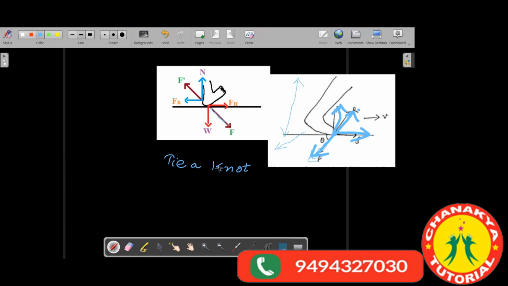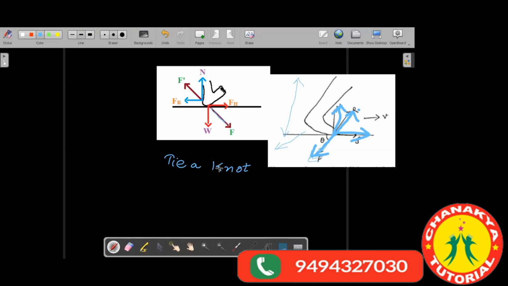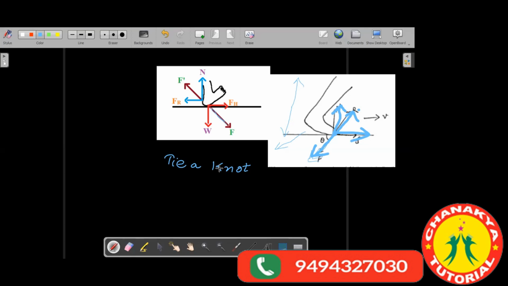Sir, I have a doubt. Does less weight mean lesser friction? Yeah, we just discussed this before. If you have less mass or less weight or less load, it means lesser friction. Sorry sir, my network wasn't working properly and I was not able to hear your voice. Okay.